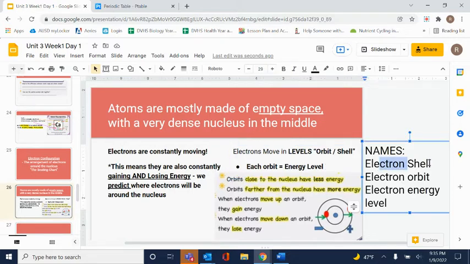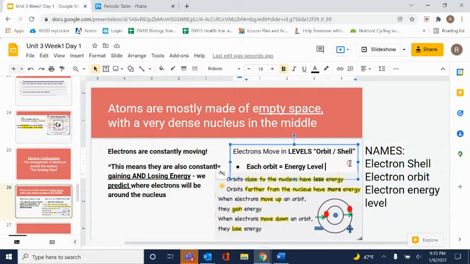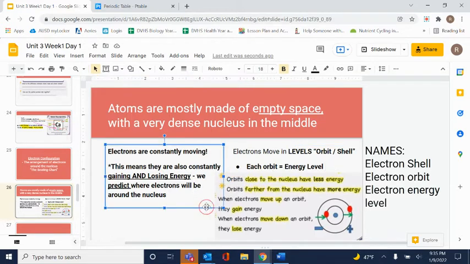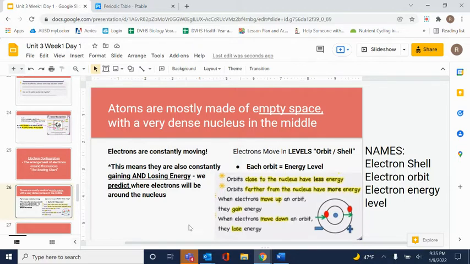They call it the electron shell, they call it an electron orbit, they call it an electron energy level. These all mean the same thing. One of these circular orbits is a shell, is an energy level, same thing. Please don't get confused if I say orbit or if I say energy level. It means the exact same thing, okay?